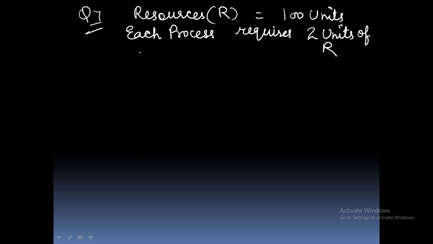Then we have to find out how many processes can be present at maximum so that no deadlock will occur.